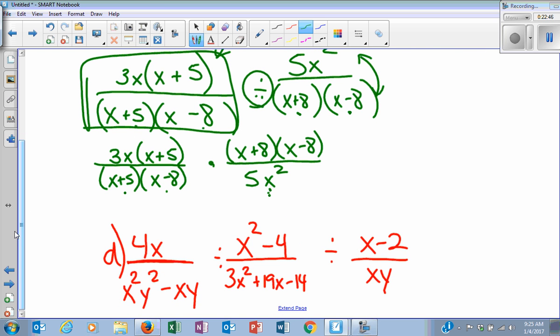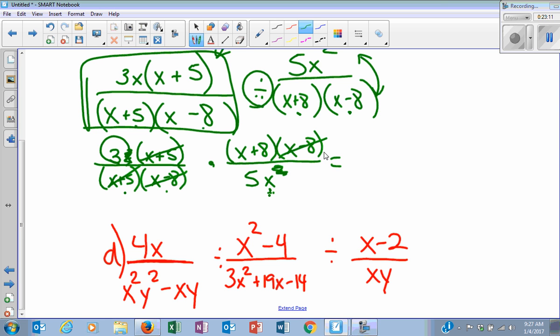Now once I've done my restrictions, I can start crossing things off. X plus 5, x plus 5. X minus 8, x minus 8. There's an x here. There's 2 x's here. So one of this is gone completely. I'm left with one down there. And so when I see, okay, what do I have left?